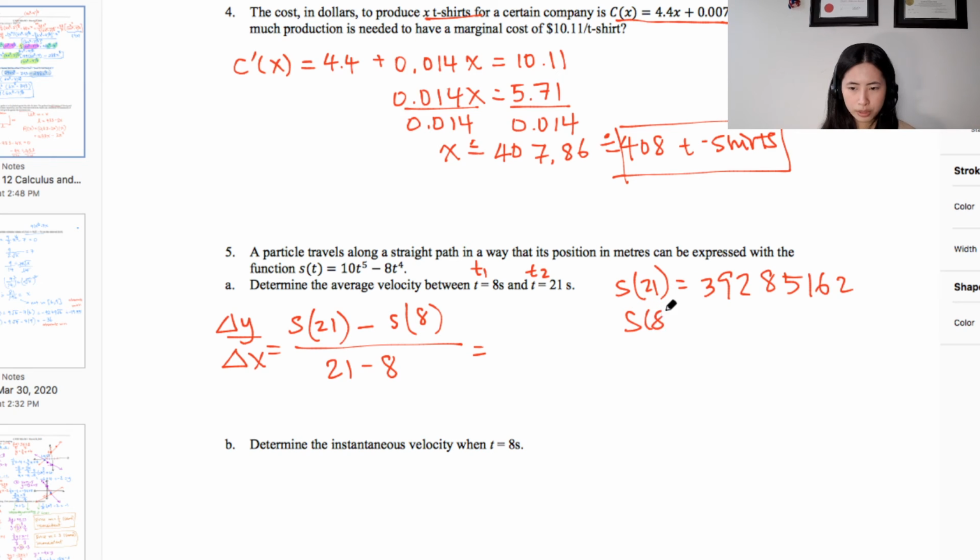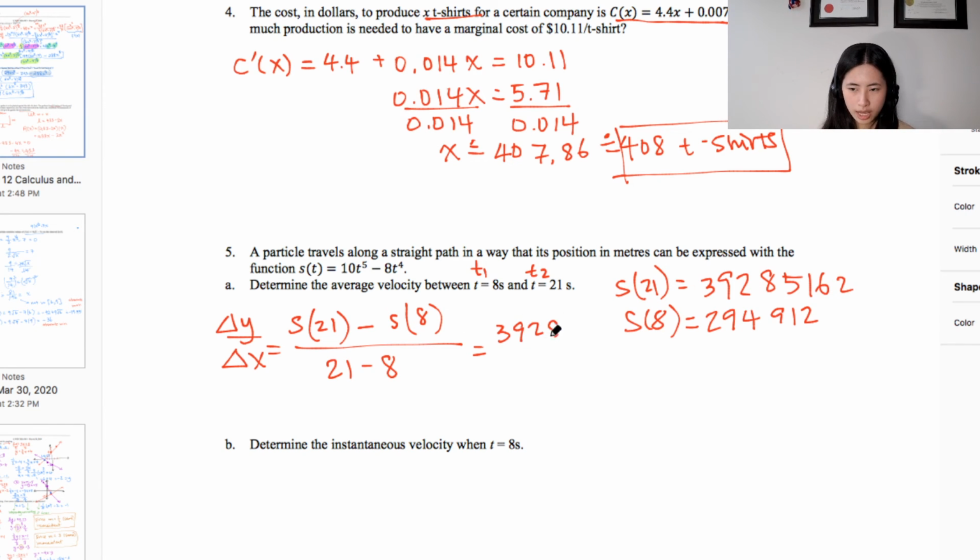On the other hand, if you plug in 8, this would be 10 times 8 raised to the power of 5 minus 8 times 8 raised to the power of 4. You're going to get 294,912.